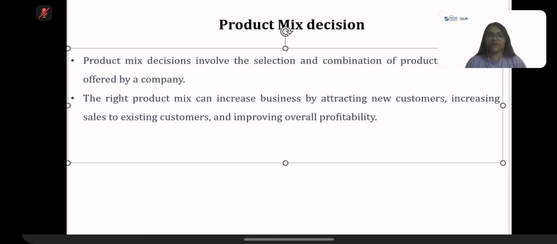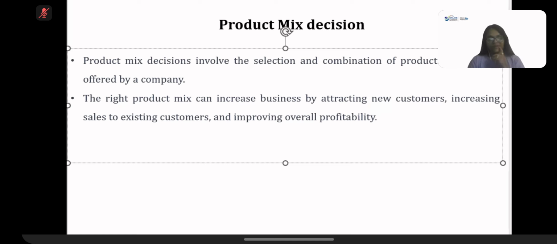Any more doubts? Anyone? MCQs will be in the next unit. Okay, I'll repeat. See, I'll post it in the chat box if you all want. Contribution divided by sales into 100. ठीक है, मैंने chat box में डाल दिया, आप लोग देख लीजिए.